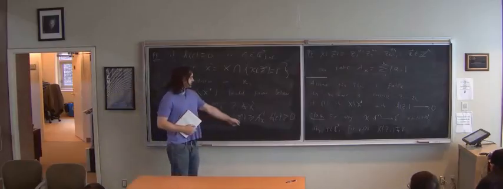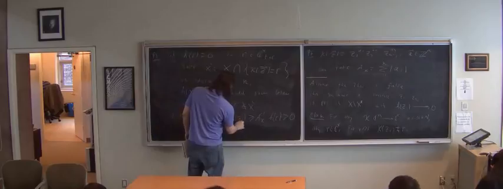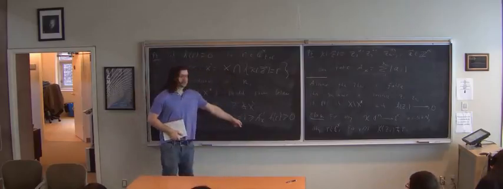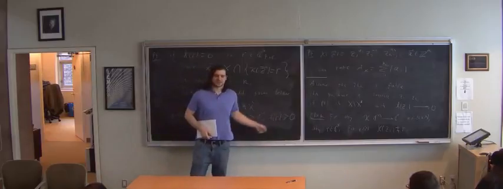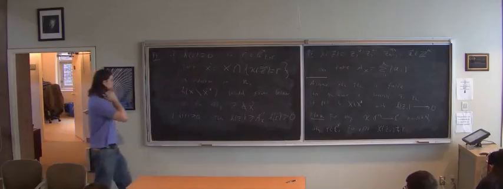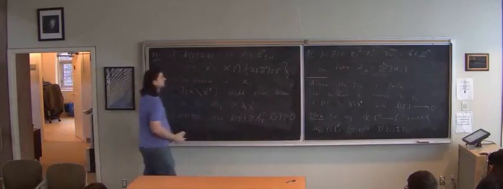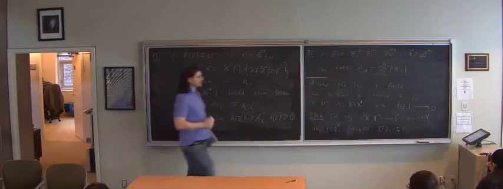But the height of chi of z_i is bounded by the height of z_i. We know these heights tend to 0, and so for big enough i, you can't be inside here. Okay, that's both cases.